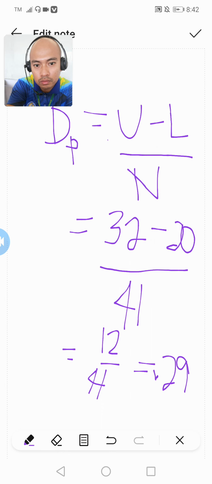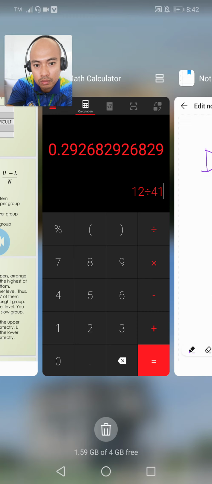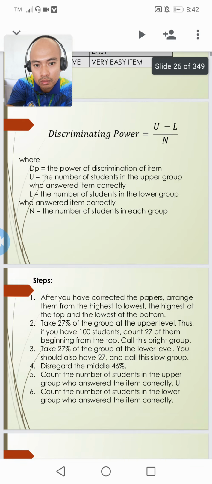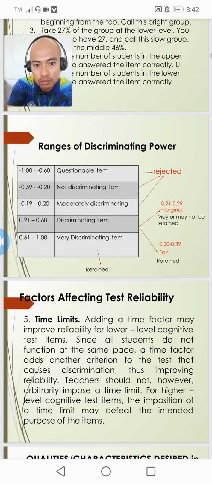Okay? So 0.29 in the slide, we have yung 0.29 natin is lying at yung sa marginal discriminating item, okay, from 0.21 to 0.60, pero considered siya na marginal item lang in terms of its discriminating power.